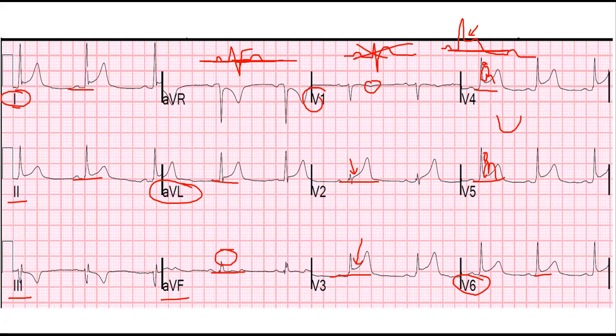Everyone clear about this reciprocal ST depression? Because that's the most important thing that will help you to differentiate in the exam. Because pericarditis and myocardial infarction sometimes can be quite tricky to differentiate.